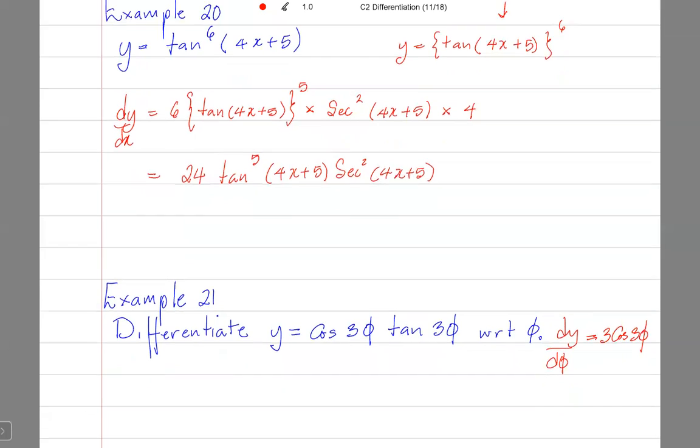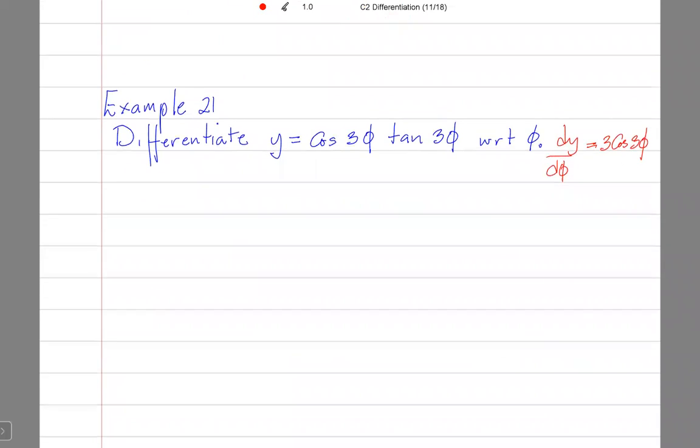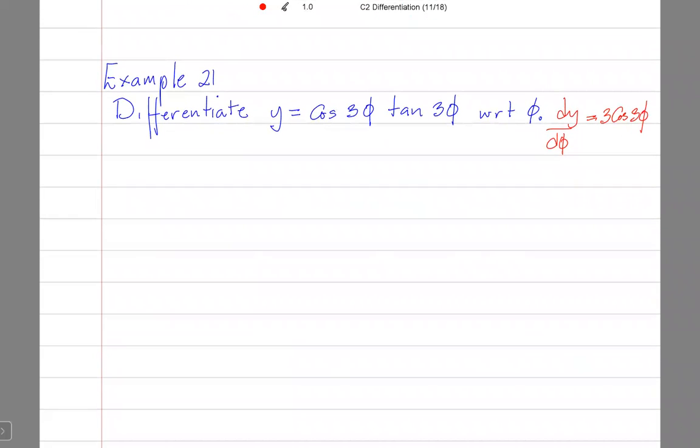All right, guys, let's have a look at example 21. Obviously this is a product differentiation. The formula is, if y is equal to uv, dy by dx would be equal to u dv by dx plus v du by dx. Sometimes I would just simply say leave the first, differentiate the second, plus leave the second, differentiate the first.